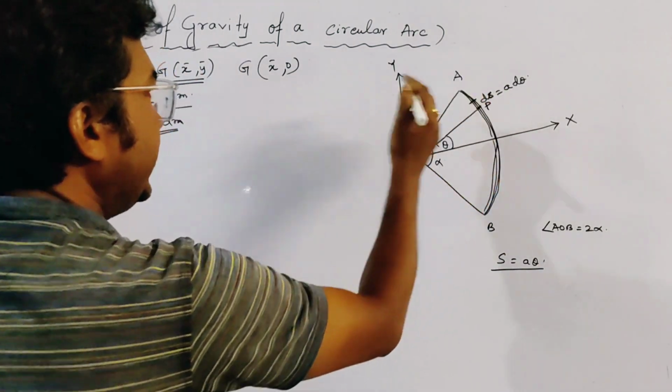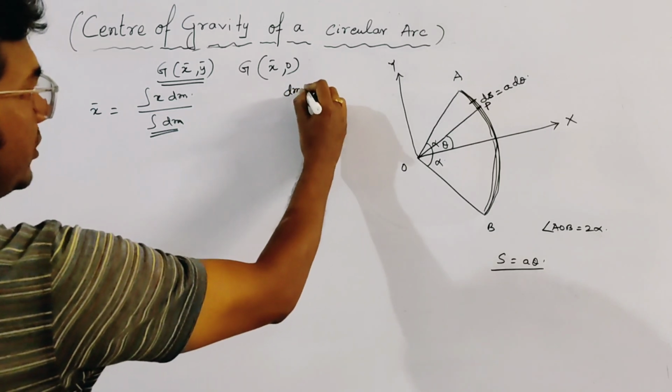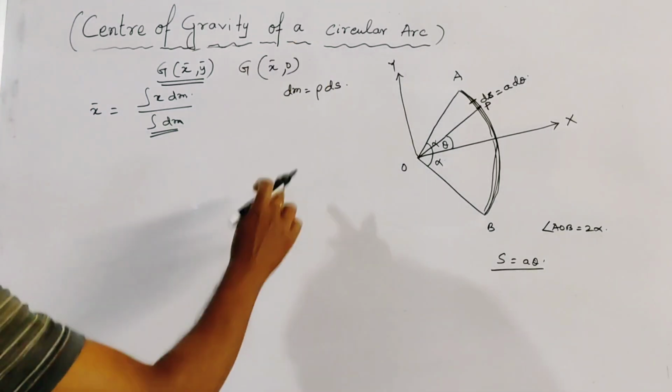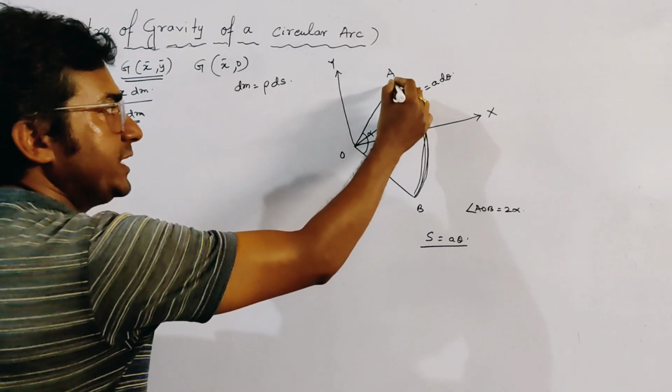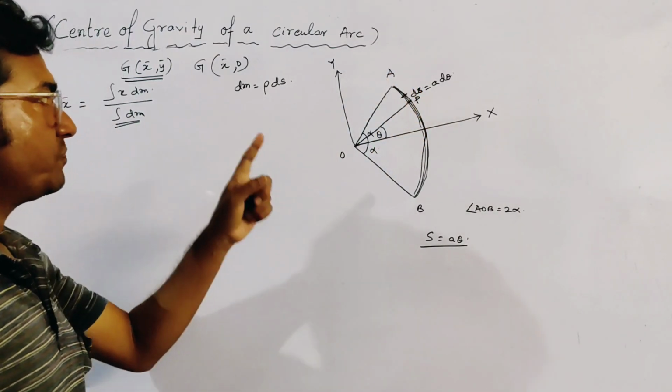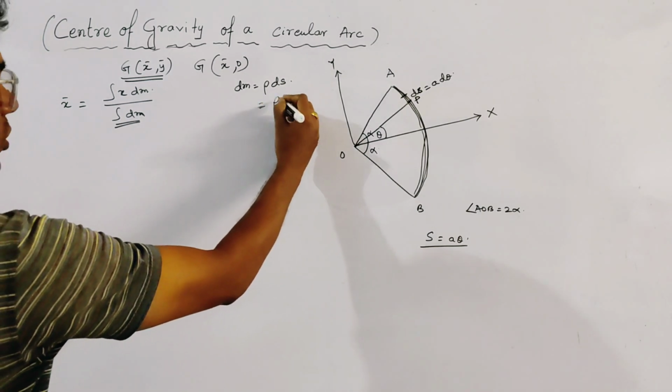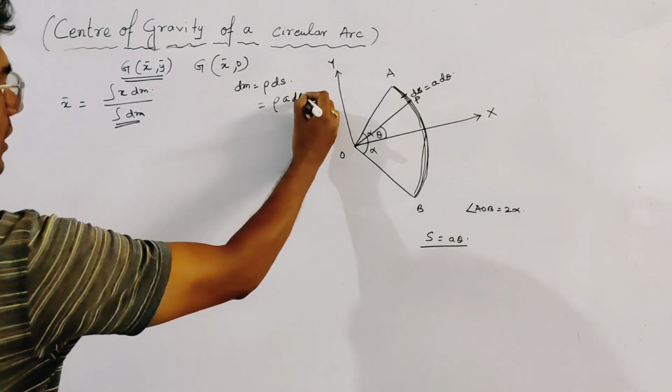Now for dm we get rho into ds, where rho is the density of the material of the string. So dm gives rho into a d theta.